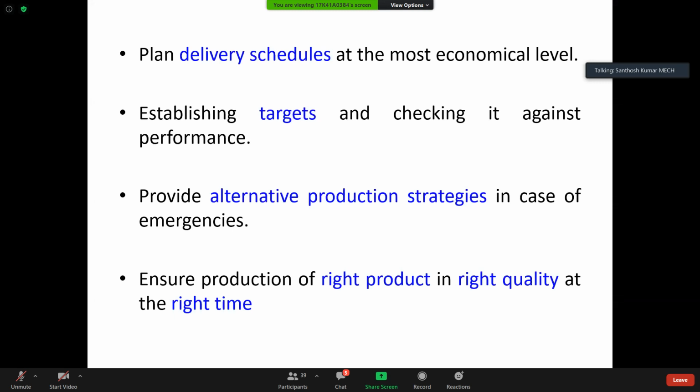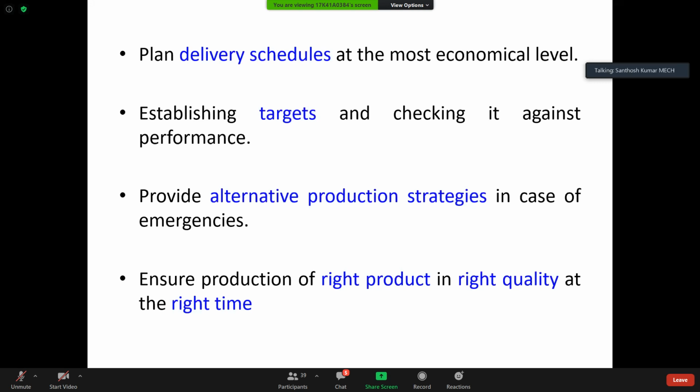So these are sudden orders. For those kinds of things, you should always have alternative production strategies. Like instead of keeping 100 workers, an extra buffer of 20 to 30 outsourcing people is always helpful. That's generally what we call aggregate production planning. In the third unit, we'll discuss this again.